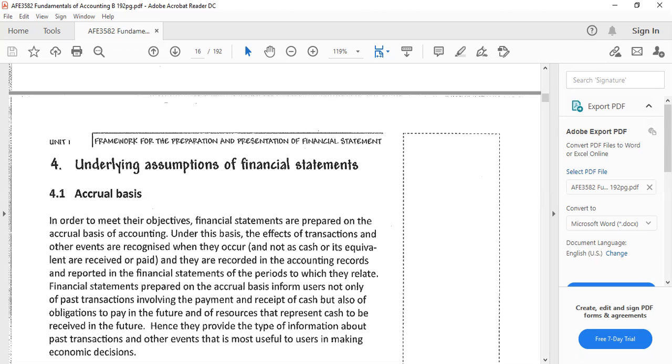And they are recorded in the accounting records and reported in the financial statements of the periods to which they relate. Meaning that if you were supposed to pay your water and electricity this year, remember, each and every month you pay water and electricity, right? So at the end of the year, you realize that you did not pay your water and electricity for 3 months.